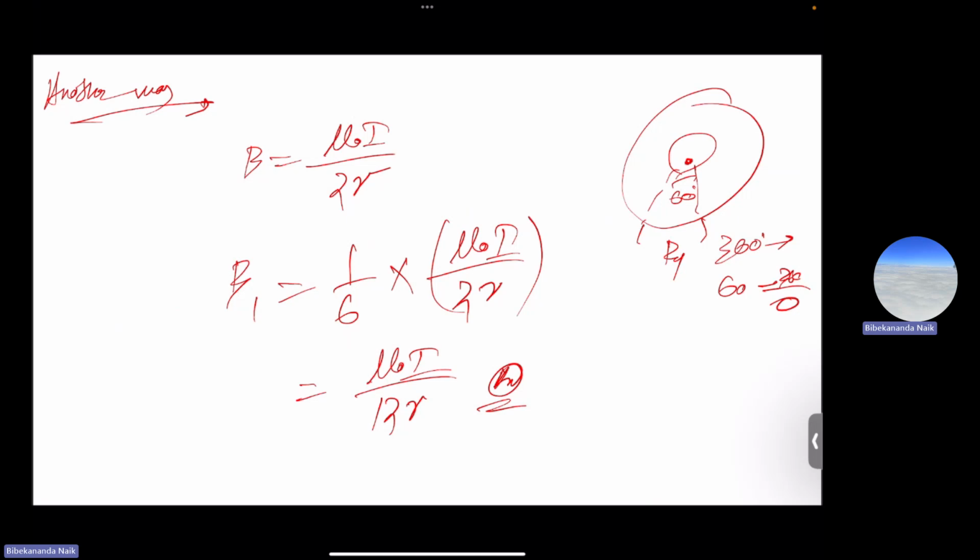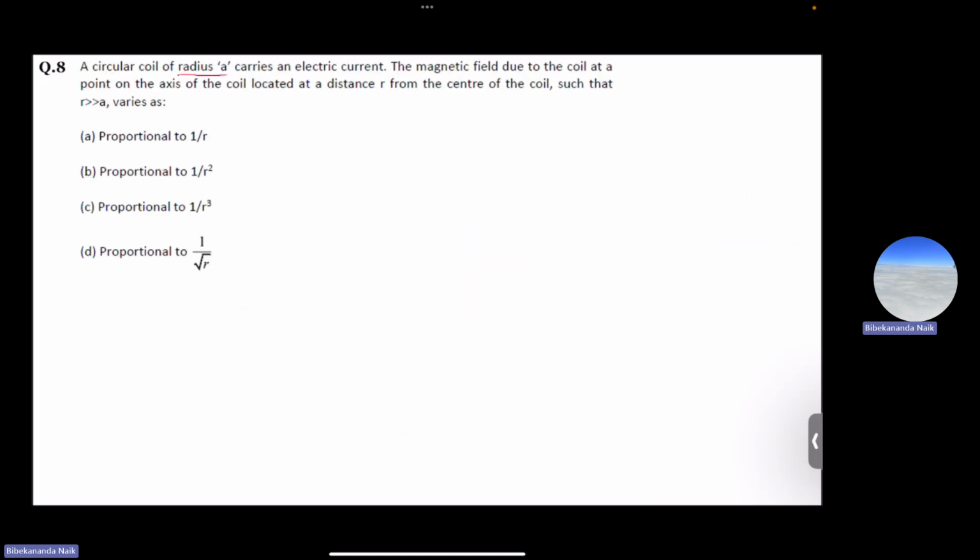So a circular coil of radius A carries electric current. The magnetic field due to the coil at a point on the axis of the coil located at distance r from the center of the coil, such that r is very much greater than A. So this is a circular coil and the radius is A. And the magnetic field of the coil at the point on the axis.